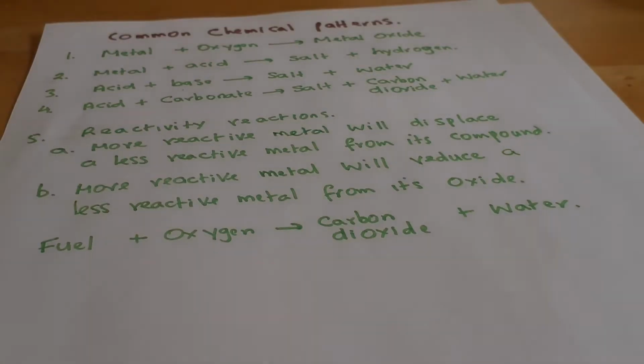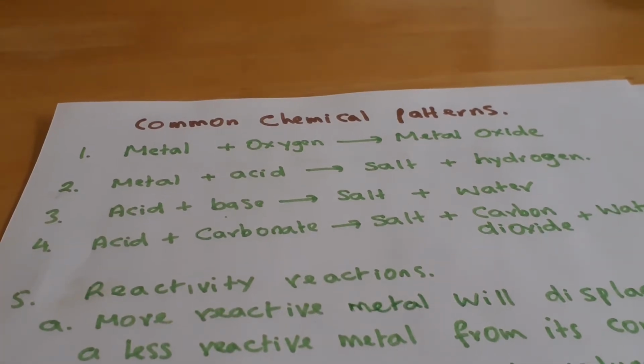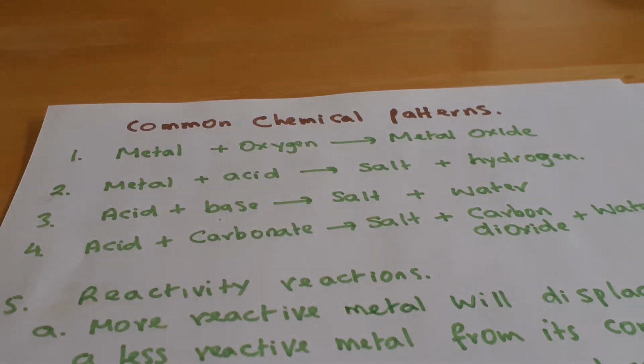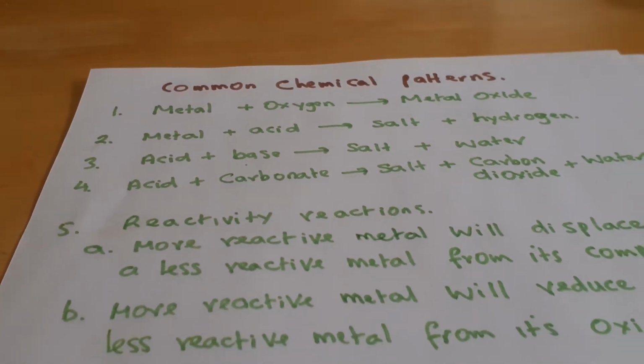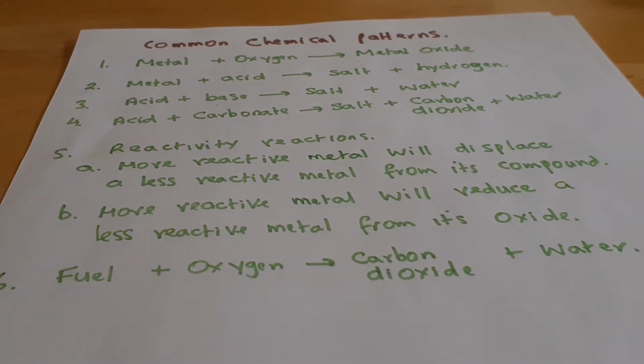Now, here are some of the common patterns which will help us to predict the products. So, a metal reacts with oxygen to form a metal oxide. A metal reacts with an acid to form a salt plus hydrogen. Acids react with bases to produce salts and water. Acids react with carbonates to give you salts, carbon dioxide and water. And then there are, if you like, the reactivity equations.